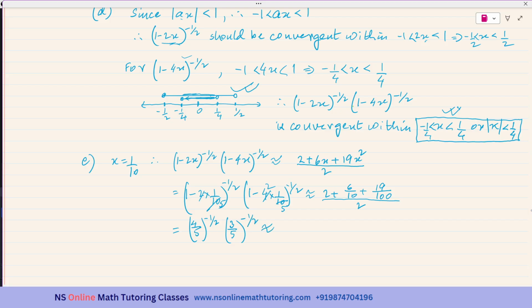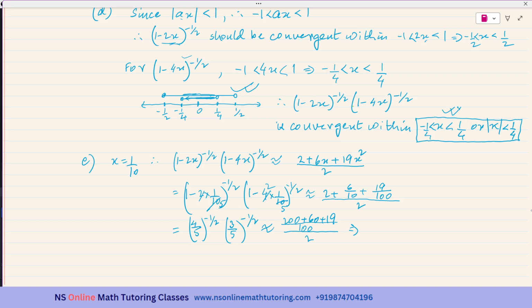And let me make the common denominator 100. This is paper 1, you cannot use the calculator. This is 200 plus 60 plus 19 over 2. So this implies, and this is minus half.